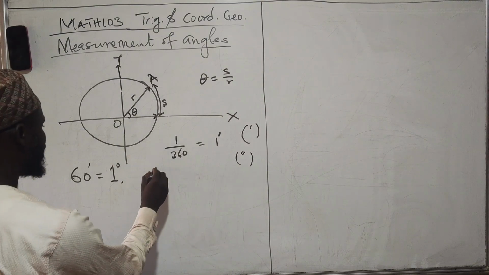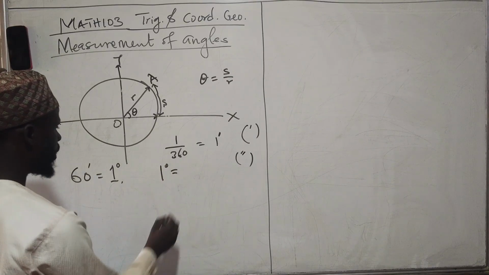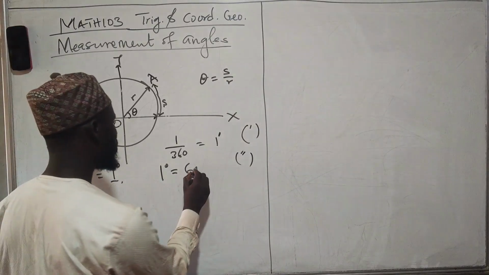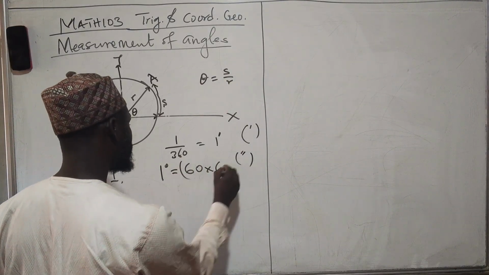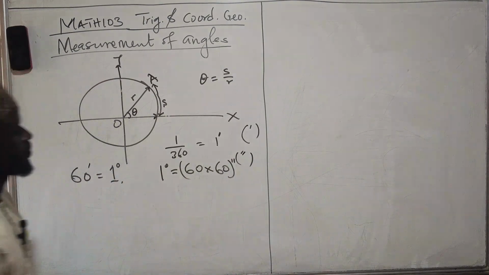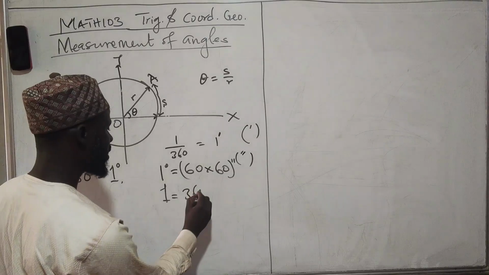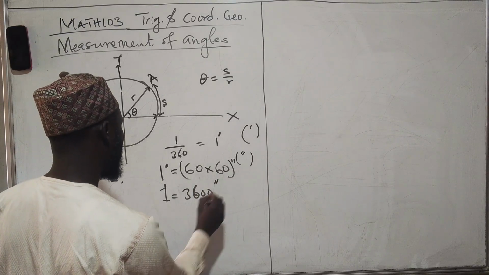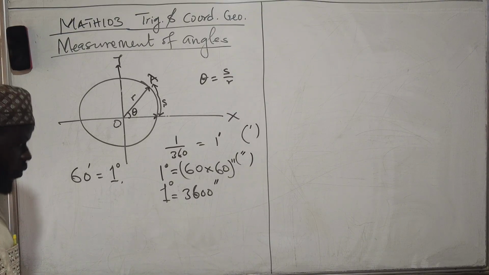Similarly, one degree is equivalent to, because you have 60 seconds in each minute, 60 times 60 now in seconds, so that 1 degree is equal to 3,600 seconds. So that is the conversion, and we now have an example.